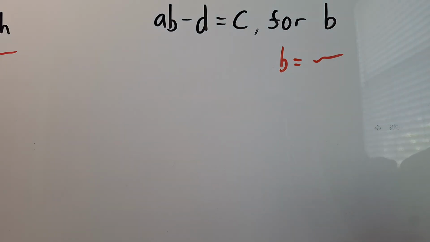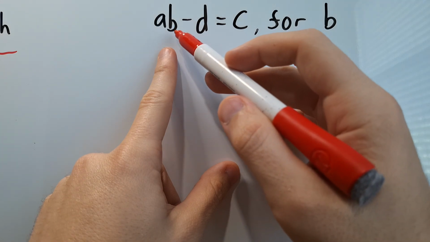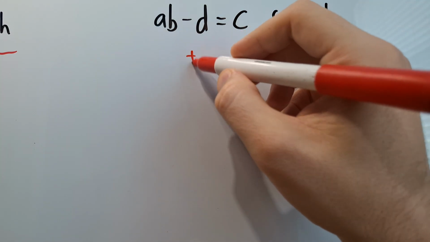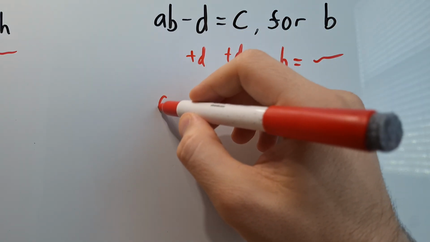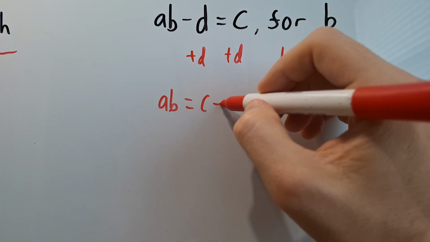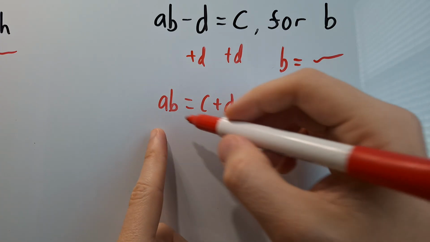Let's see what we can muster here. Here's b. I want to get this by itself. So what I'm going to do first is add d to both sides. I have a times b equal to c plus d. Last thing we do is divide by a.